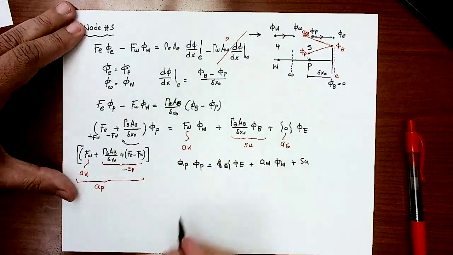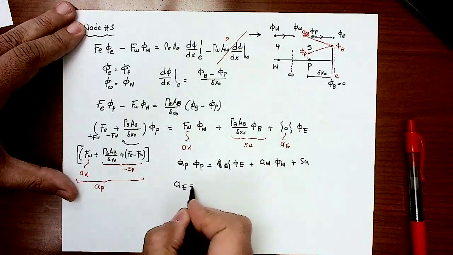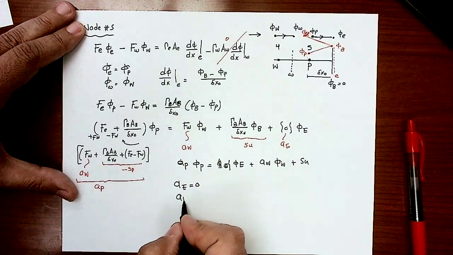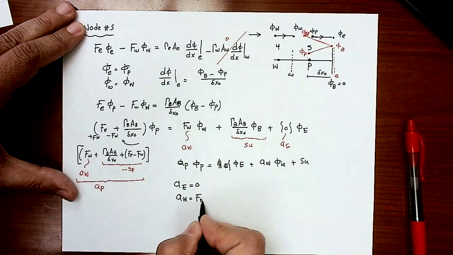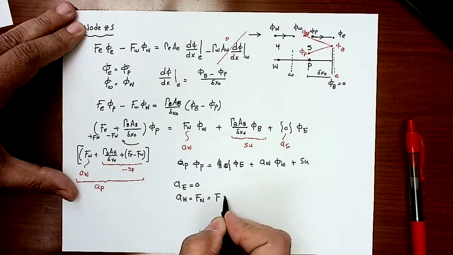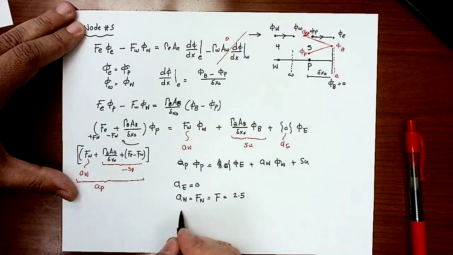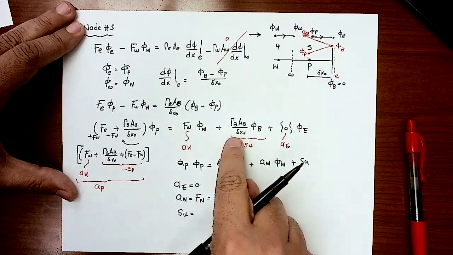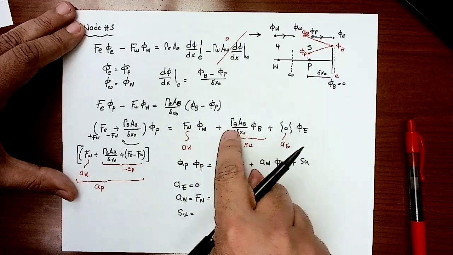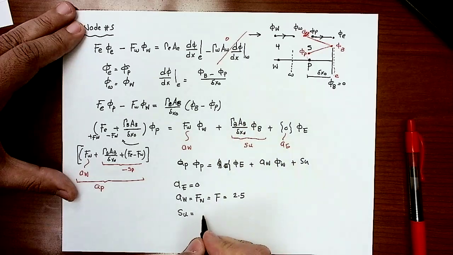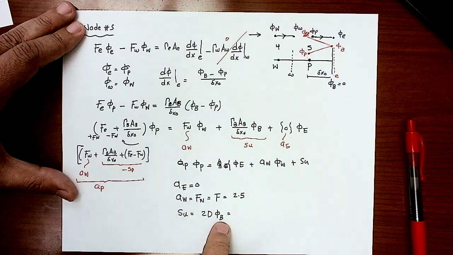Let's list the coefficients here. A East is equal 0. A West is equal F West, which is equal F, which is equal 2.5. SU is equal to kappa A over delta X node, that's a value of D2D phi B. Even I know that phi B has a value of 0, so this will be actually 0. Then what's my SP? SP is negative.